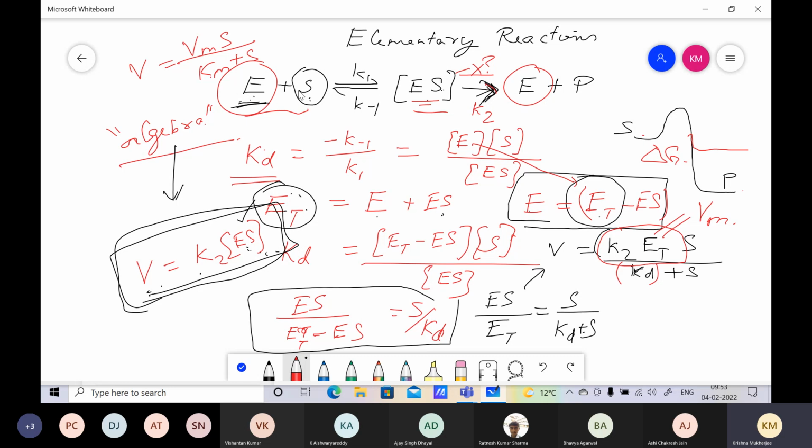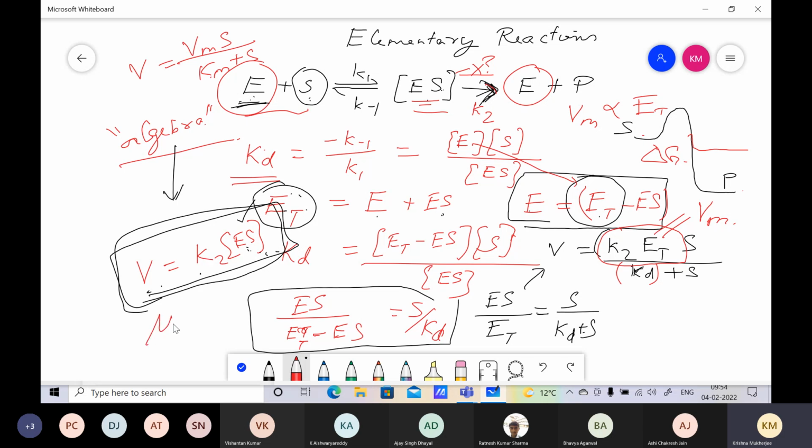So Km represents the binding dissociation constant, and so the binding efficiency of the reaction. And Vmax is a combination of two terms, the forward reaction rate into the total amount of enzyme present. So actually Vmax changes, as you would have now understood during the practical classes, that Vmax is actually directly proportional to the total amount of enzyme added.